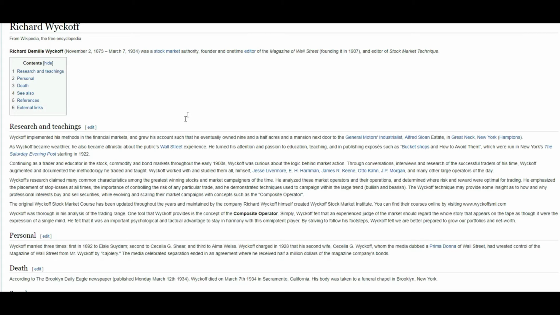His method is about finding the moves which smart money makes, the big players who control the price movement, and he wanted to know when large financial institutions are preparing before the next trends.